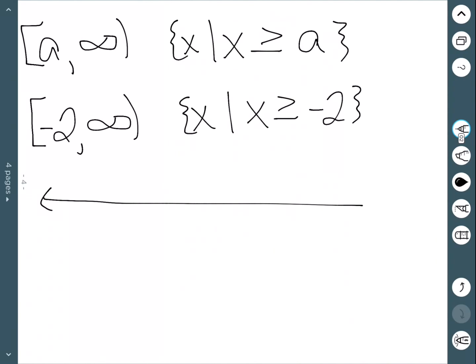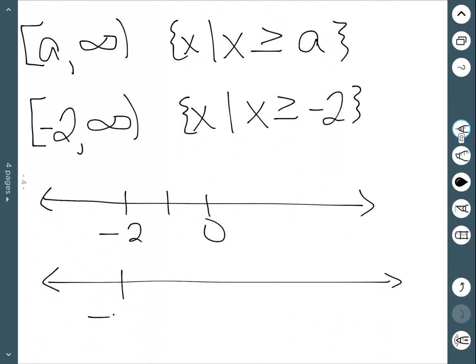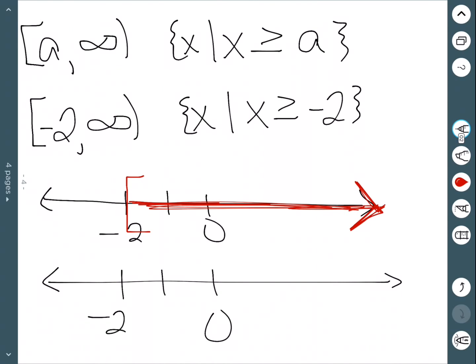Once again, we have 2 different ways that we could possibly graph this. The first would be to put a bracket at negative 2 and then shade to the right since we want bigger than negative 2. The second, the open dot means don't include and a closed dot means include. So we have a shaded dot and we shade to the right.